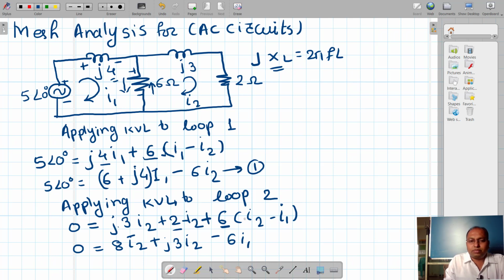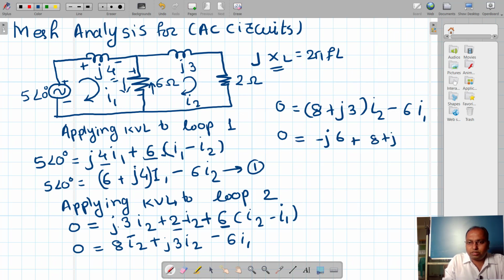So our final equation results as 0 is equal to 8 plus J3 into I2 minus 6 I1. Again rearrange this equation: minus 6 I1 plus 8 plus J3 I2.